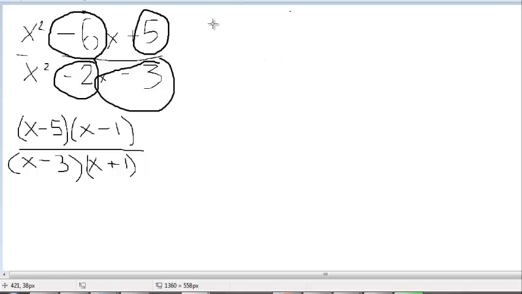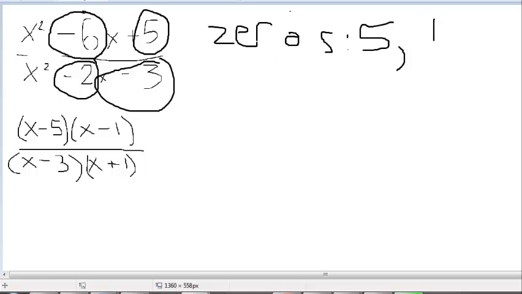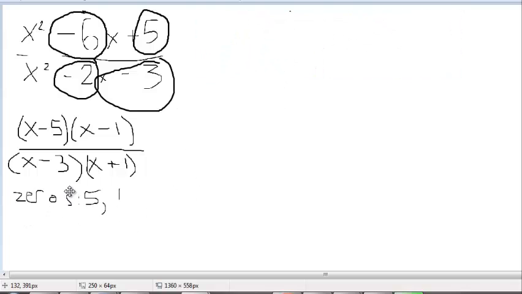So we know that our zeros are going to be 5 and 1. When x equals 5 or 1, this is where the zeros are going to occur on the graph. And this will help us visualize what this graph is going to look like.